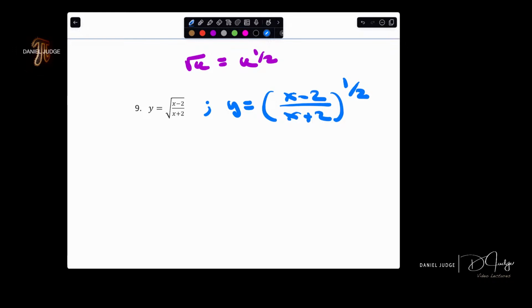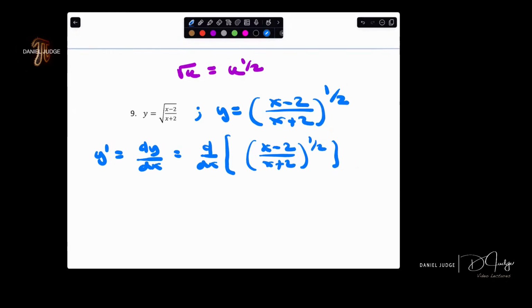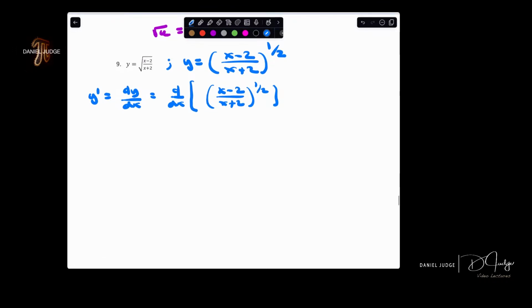So now when you take your derivative, y prime, dy/dx, is d/dx of x minus 2 over x plus 2 to the 1/2. Now go back and think again about what we have.